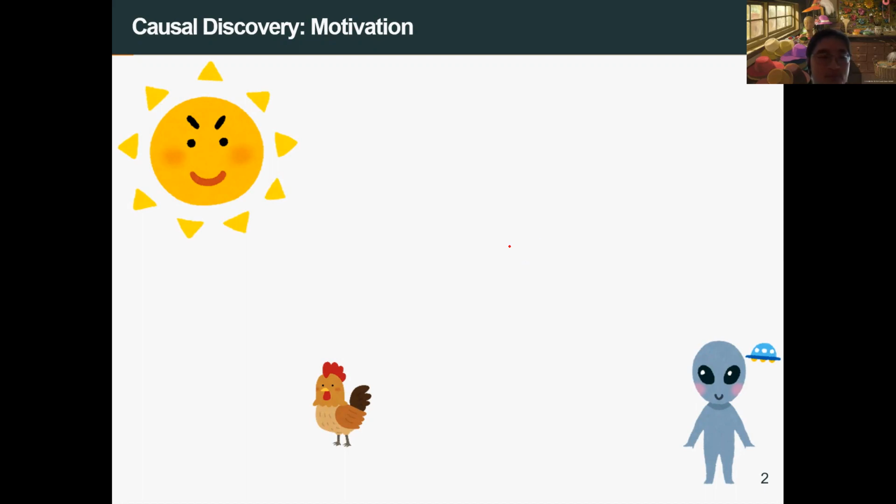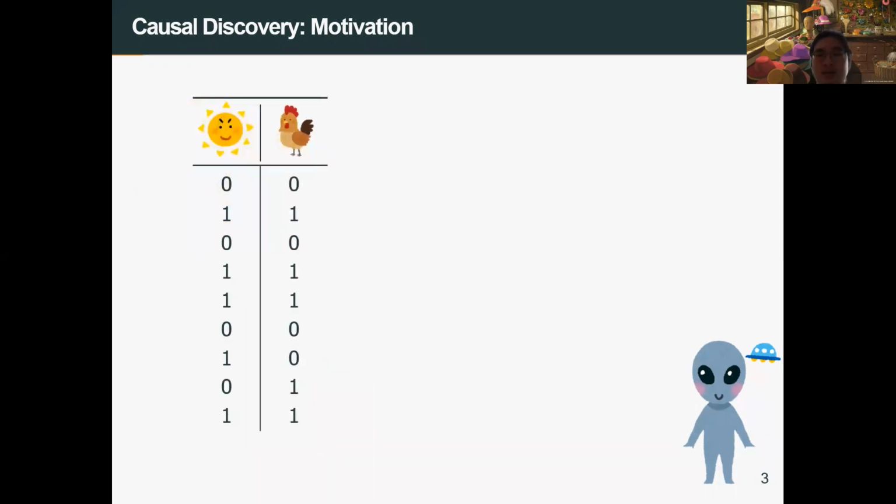So it decides to collect some data about them. Maybe this can be something like, does the sun rise before 6 or after 6? And similarly for the rooster, does it crow after 6 or before 6? What it wants to find out is whether the sun causes the rooster to crow or vice versa.